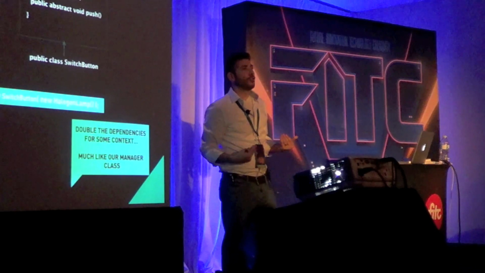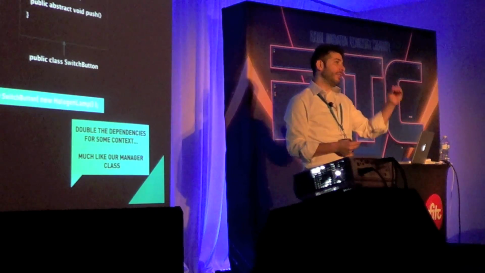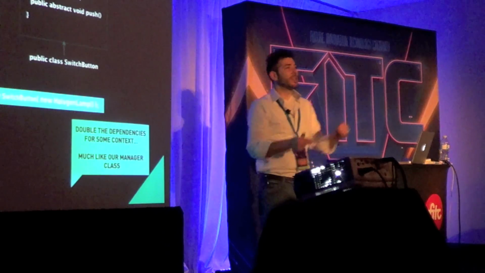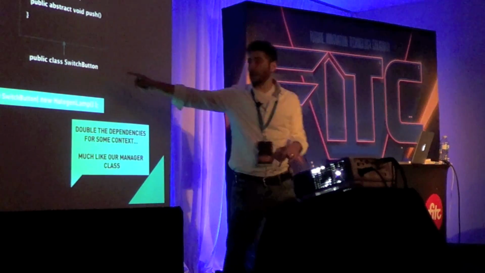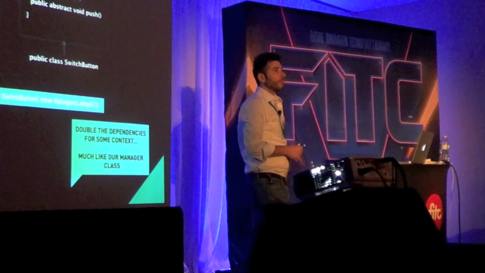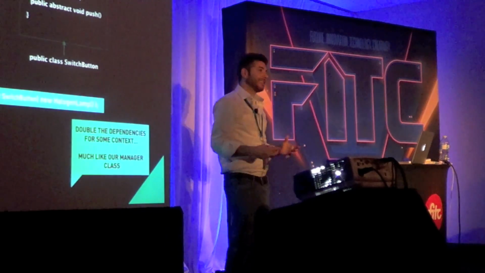But let's assume that our requirement for another application needs a specific type of button to be paired with a specific type of lamp, another halogen lamp paired with a specific type of button, a switch button. Well, we make the appropriate subclasses, and then we will instantiate the two as necessary.